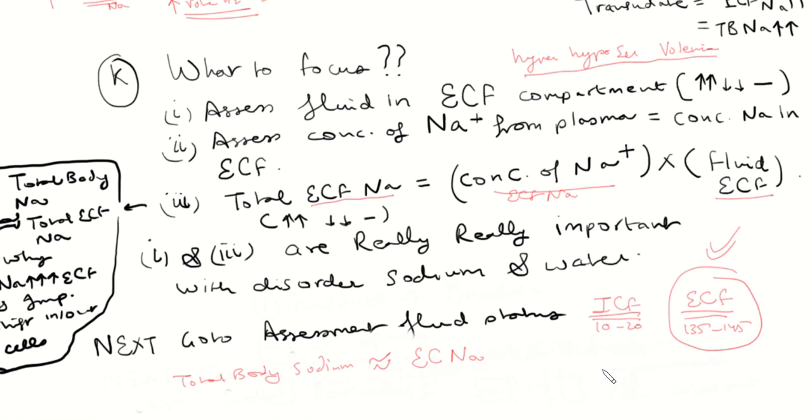What about the volume? The ICF has 66% of body water. The ECF has 33% of body water, right? Two-thirds of water is in the ICF, and one-third of water is in the ECF. So if it's a 100 kg male patient, then it's 60 kgs of water. Two-thirds, that's 40 liters, is in the intracellular area, and then 20 liters is in the extracellular area.